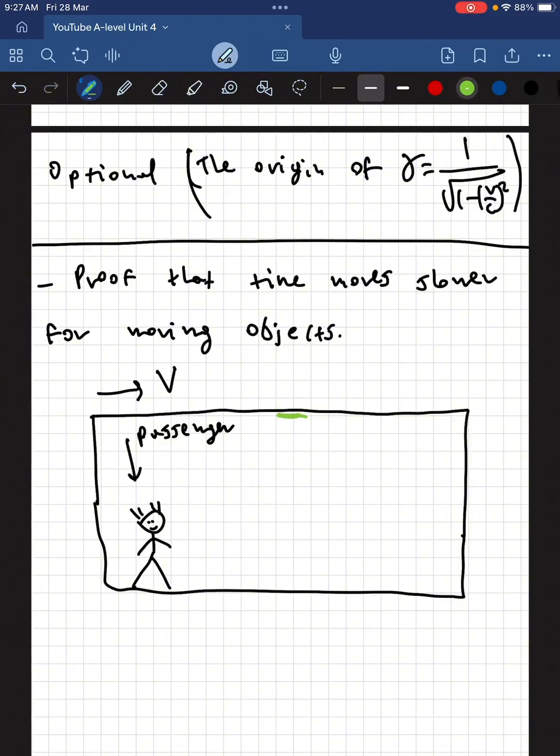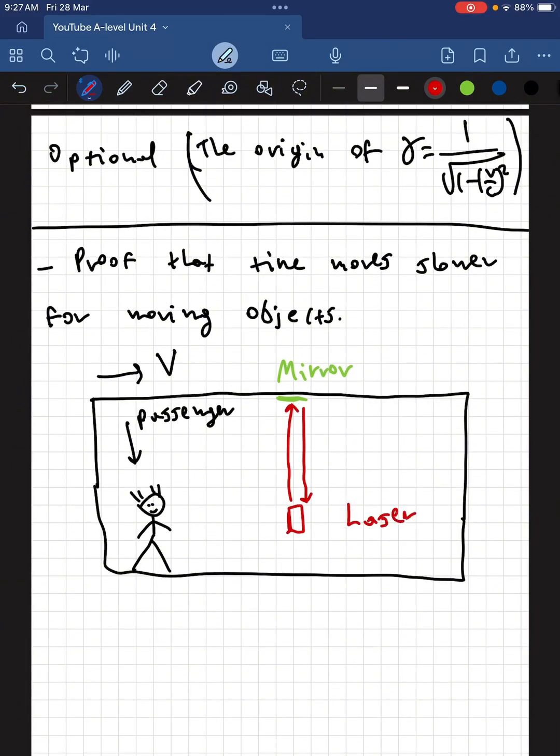So let's say that we have a mirror on the ceiling of the cart, and we have a laser beam. Okay, so this is the laser, and we shoot a laser beam up, and we detect it when it comes down. Okay, so we send a laser pulse to the ceiling, and it reflects on the ceiling and comes back.